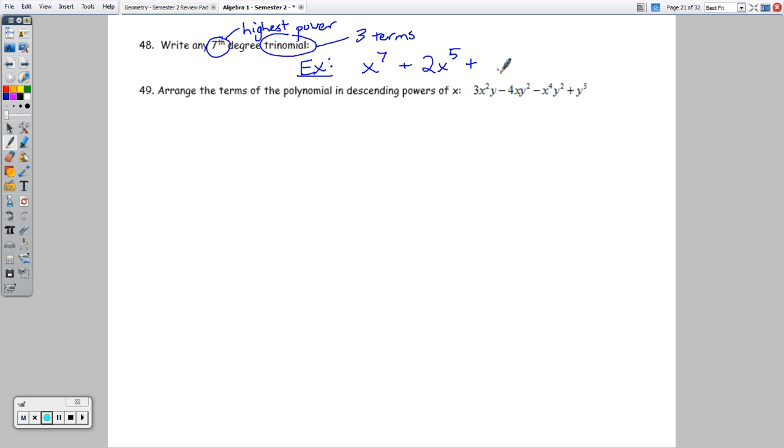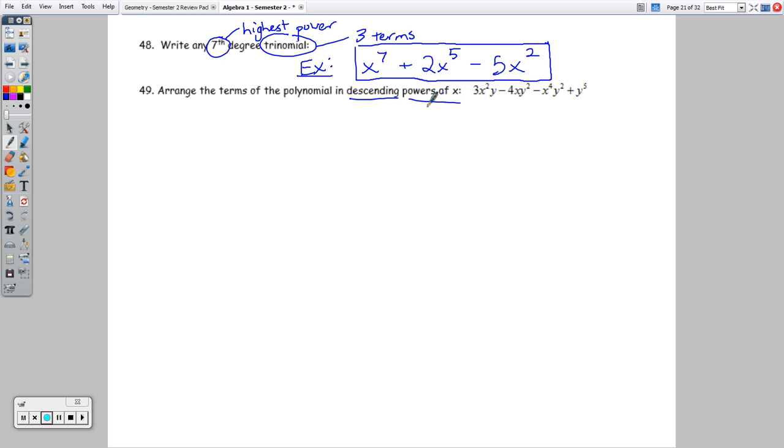I could include y's in there, but I couldn't have x being higher than a 7th power. So why don't I even switch it up a little bit? I'm going to put a minus sign in there. It could have kept that plus, but I'll just say 5x squared instead. This is an example of a trinomial with a power or a degree of 7.